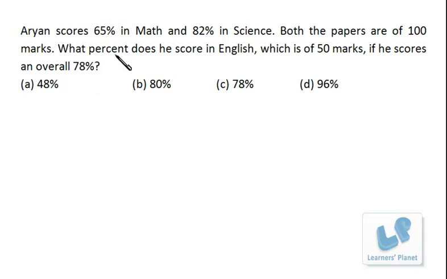Now, what is the average? That is 78. Now this is in math. He's having 65. Now to reach 78, what is the deviation of 78 and 65? It is 13. That means he's having 13 marks less than the average.